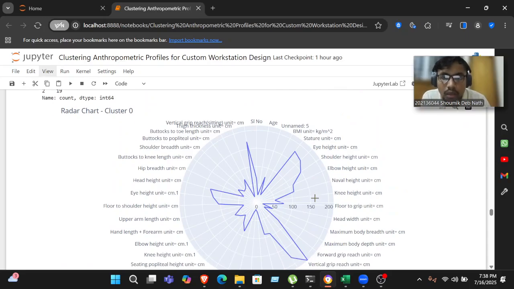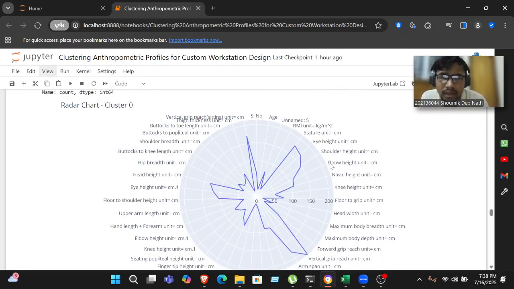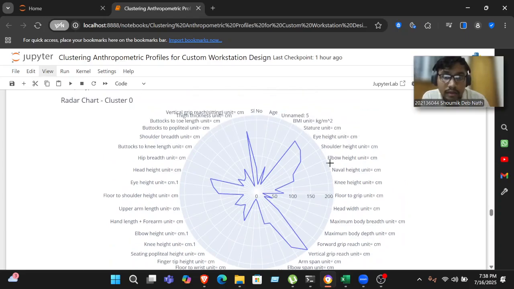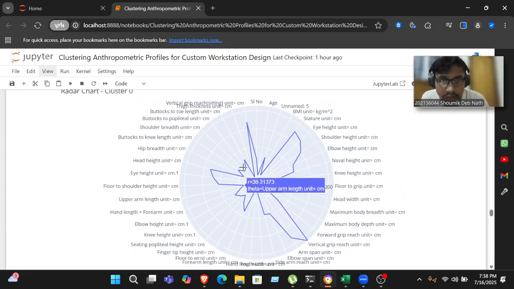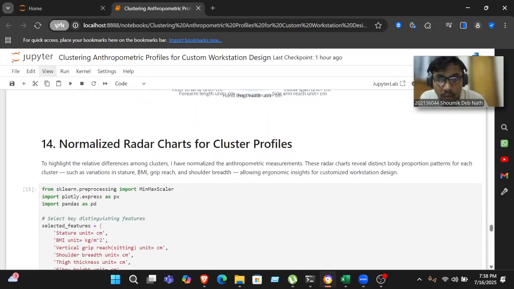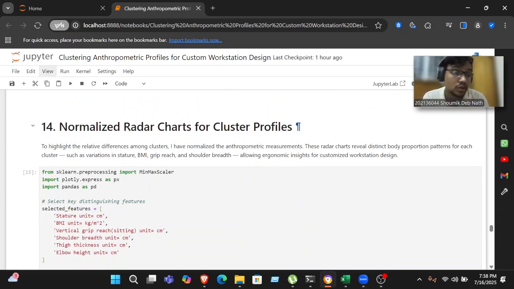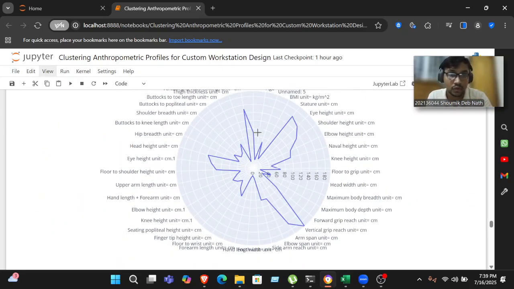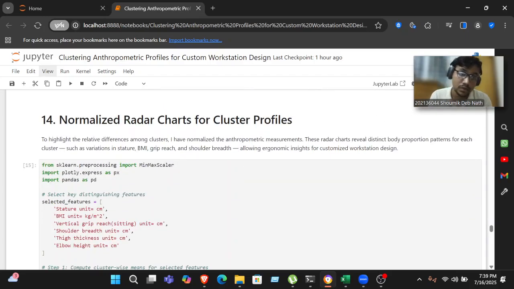What I'm seeing in the radar chart is the variation across various segments and the diversity it carries. In the normalized charts for cluster profiles, I have made a fresh version in case you're confused by seeing this. So I have made it easier for you.